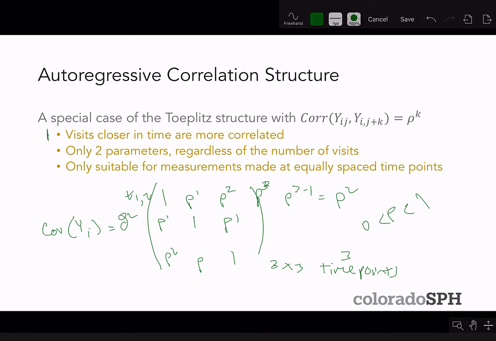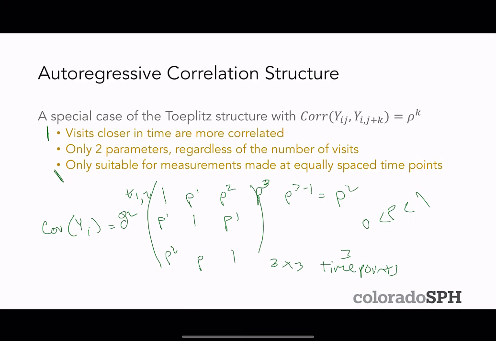Another way of saying that is visits closer in time are more correlated. And because you're just taking different powers of rho, we still are only estimating 2 parameters here, the rho term and the sigma squared term. And this is also only suitable for measurements made at equally spaced time points.